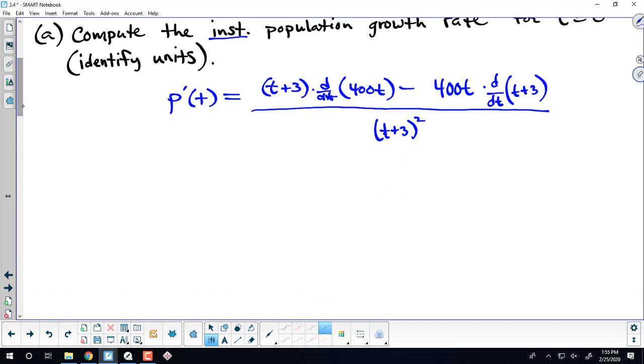We have over here t plus 3. What's the derivative of 400t with respect to t? 400. Just 400, yeah. And we have minus 400t times the derivative of t plus 3, which is 1. And then it's all over t plus 3 squared.